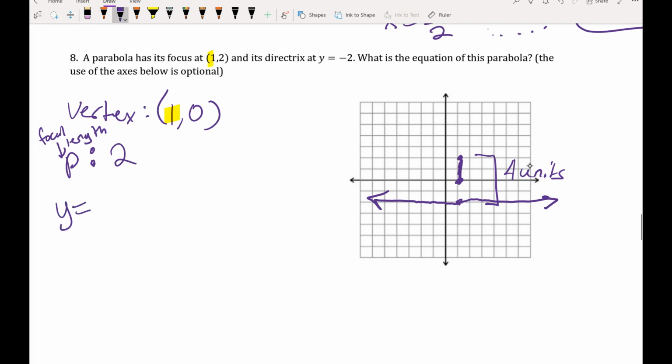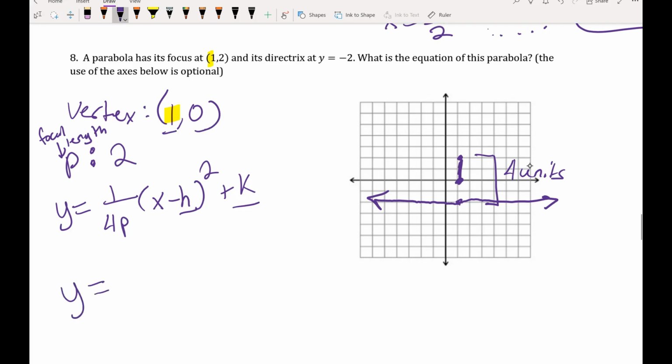So when I'm looking at my formula for the vertex form of a parabola, 1 over 4p times x minus h squared plus k, where h comma k is just the coordinates of the vertex and p is the focal length.